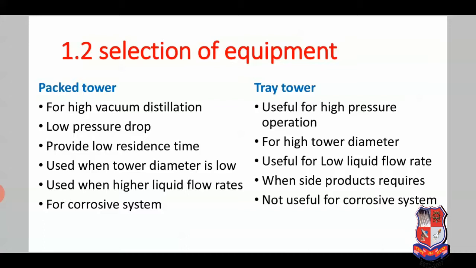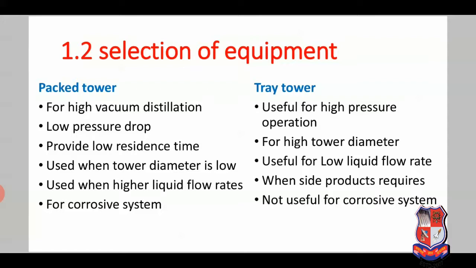Second point, in packed tower you will have lower pressure drop, and in case of tray tower you will have higher pressure drop. In case of packed tower, lower residence time is there, because sometimes it is possible that the liquid flowing from the top of the tower will short circuit its path and its residence time will be lower.